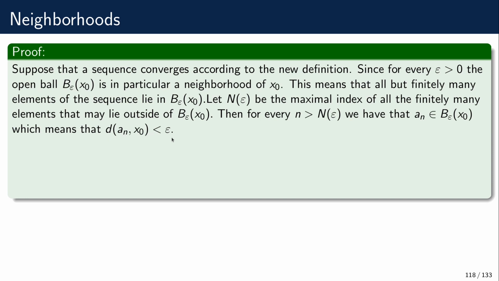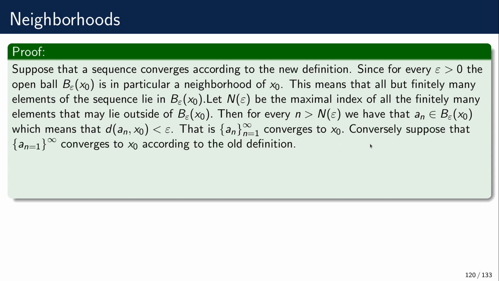And so we have proved that convergence according to this definition implies the ordinary convergence in metric spaces. So this means that a_n converges to x0.